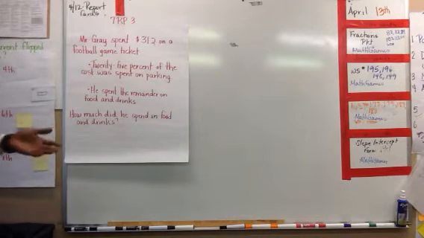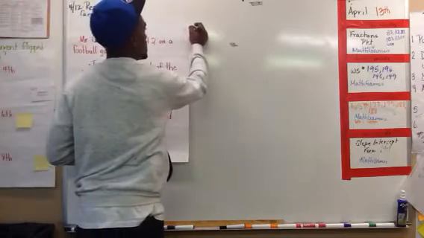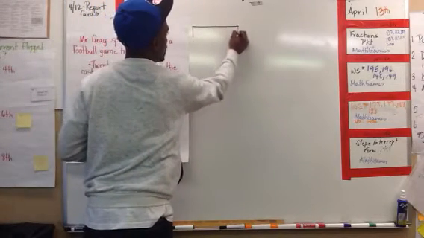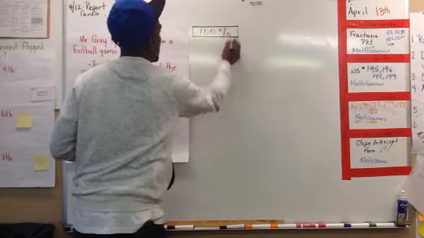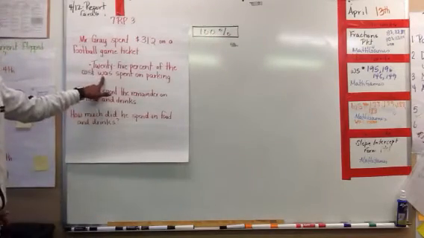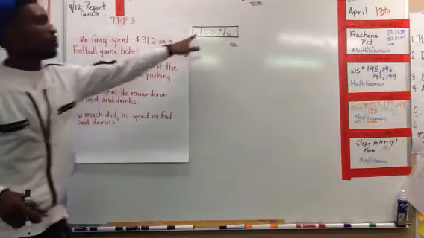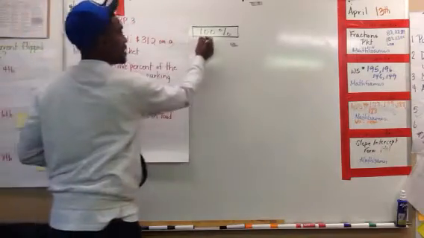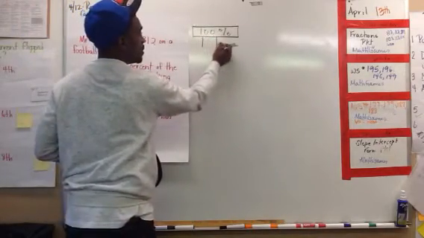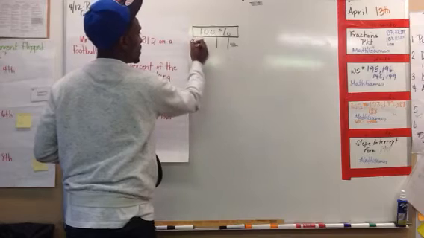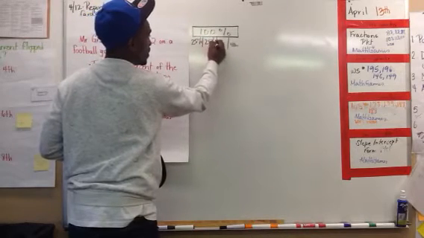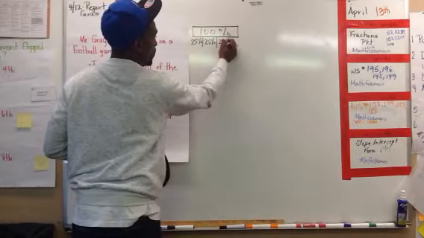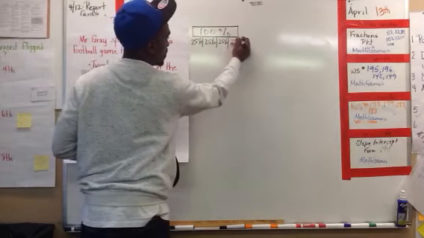Since I'm dealing with percents, I know that all percents begin as 100. All of them. It says that 25% of the cost was spent on parking, so I can break that 100% into 4 25%. I'm dividing that whole piece by 4, in fourths.